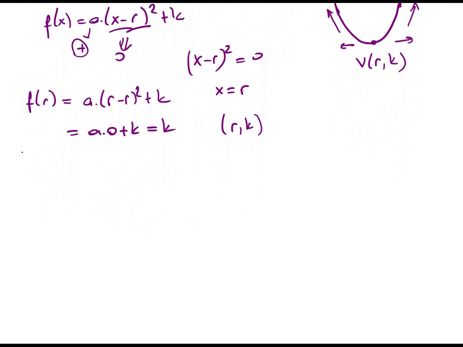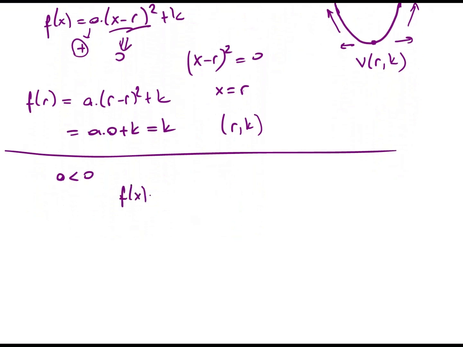So if we let a be less than zero, and look again at the function f of x equals a times (x minus r) squared plus k. In the same manner, if x approaches infinity, we want to know where the y values will approach.